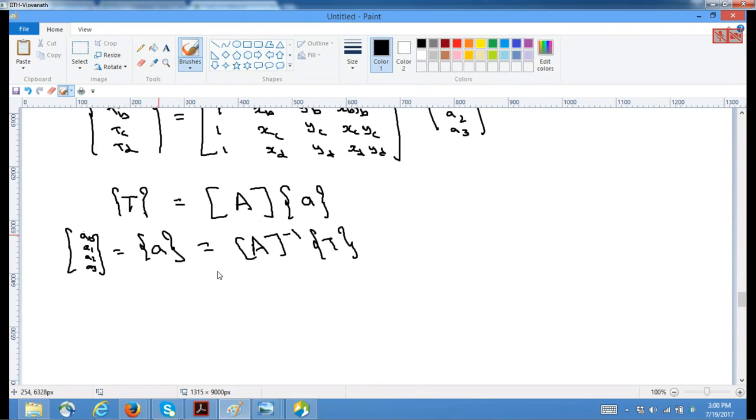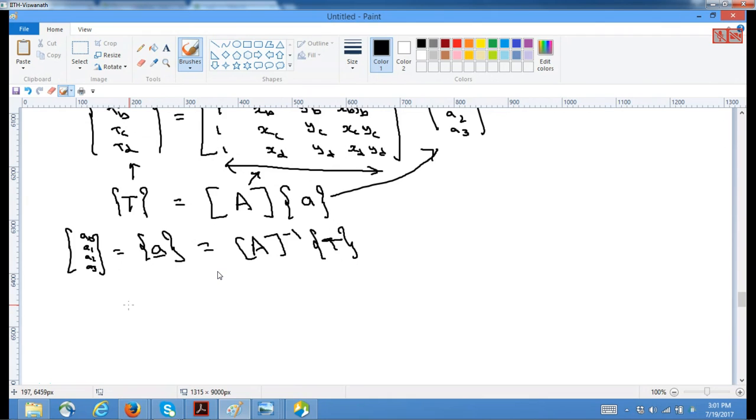I'm writing it as the a vector. This is the simple form. This fellow is nothing but your entire capital A. And this A is this one, this T is this one. So I'm getting this a in terms of TA, TB, TC in this manner.